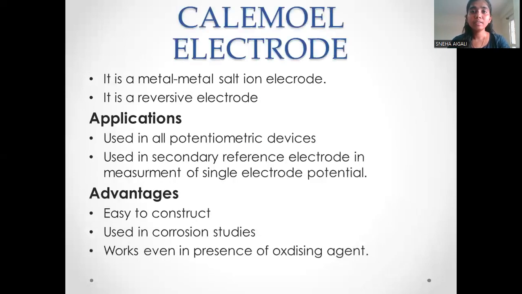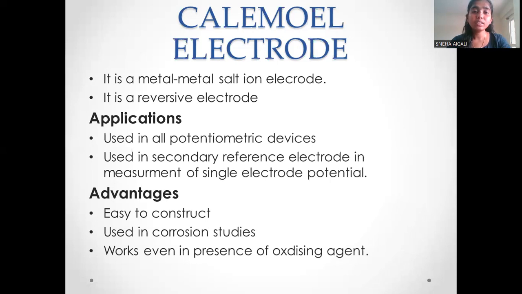Now next up we have the calomel electrode. Before going through the construction and working of the calomel electrode, let us understand what the calomel electrode is, some of its applications, and what are its advantages. So the calomel electrode is a metal-metal salt ion electrode. It is a reversible electrode. Now next, what are the applications of the calomel electrode?